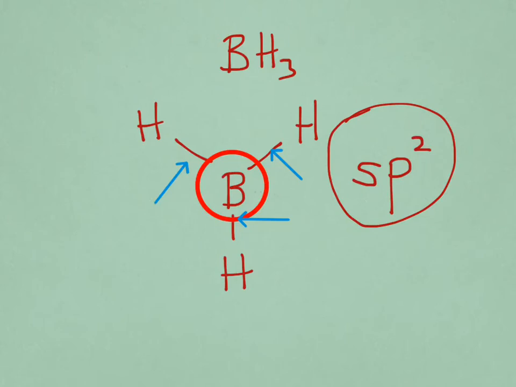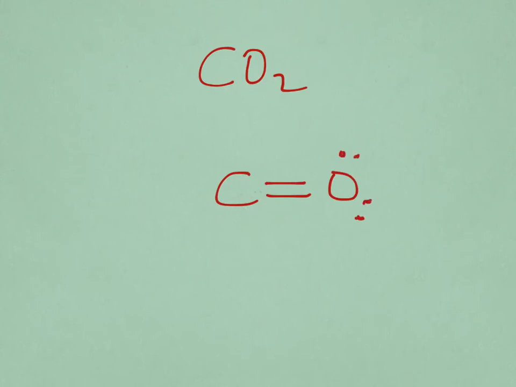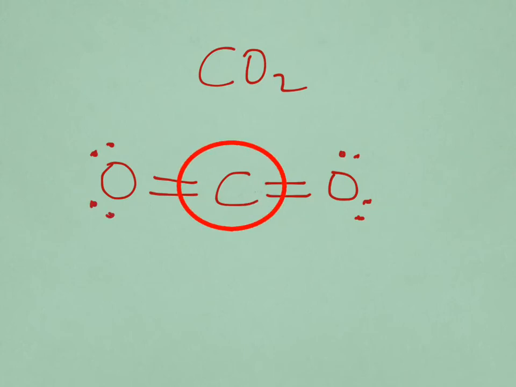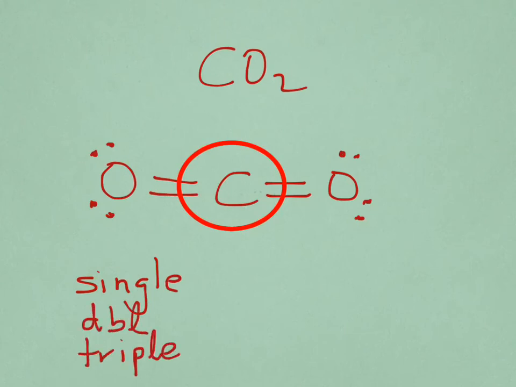All right. Now comes the question of, what about double bonds? What about something like CO2? Well, we know CO2 is carbon double bonded to an oxygen on either side. So let's look at the hybridization of that carbon right there. Here is the big key. Single, double, and triple bonds, they all count as 1.